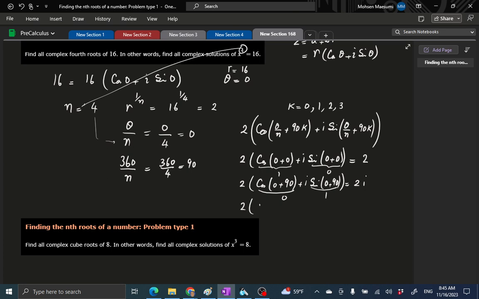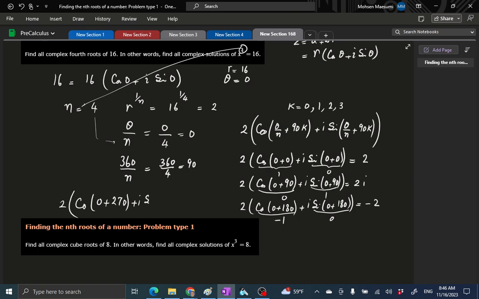Then 2 cosine of 0 plus. Now my k is 2. k times 90 becomes 180, plus i sine of 0 plus 180. Cosine of 180 is minus 1. Sine of 180 is 0. So this is a long way of saying just minus 2. Finally, we have twice cosine of 0 plus what? By now we have reached k equal to 3. 3 times 90, that is 270.